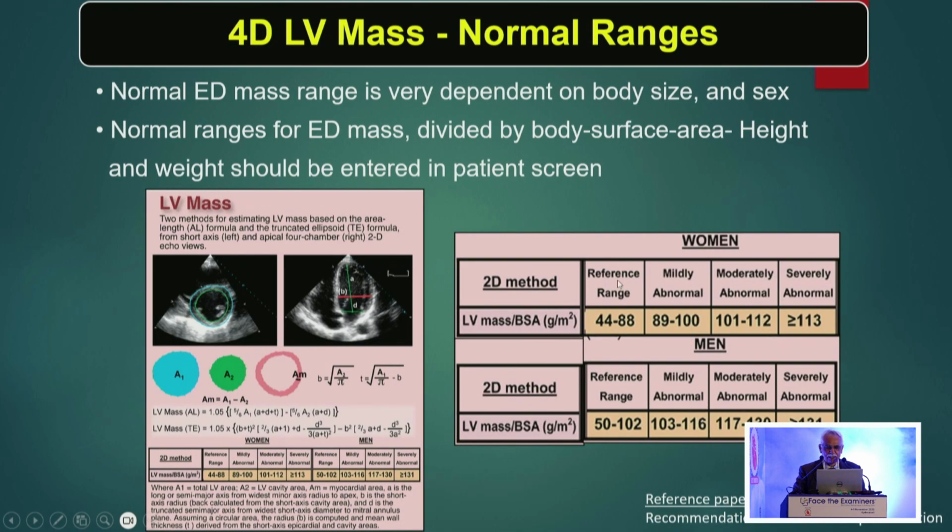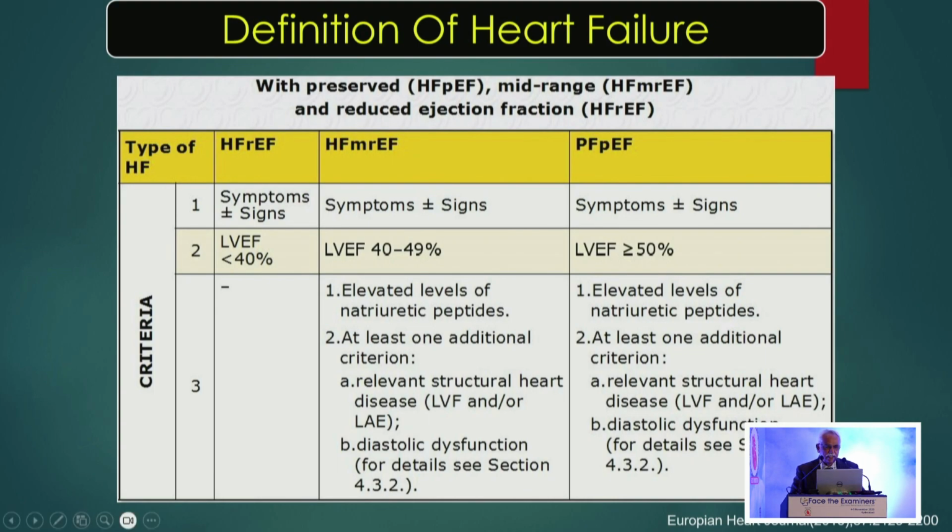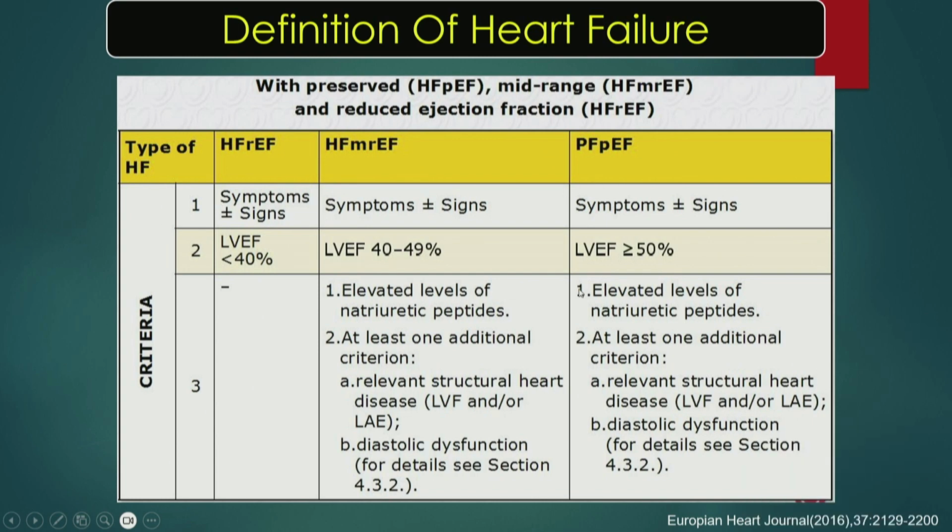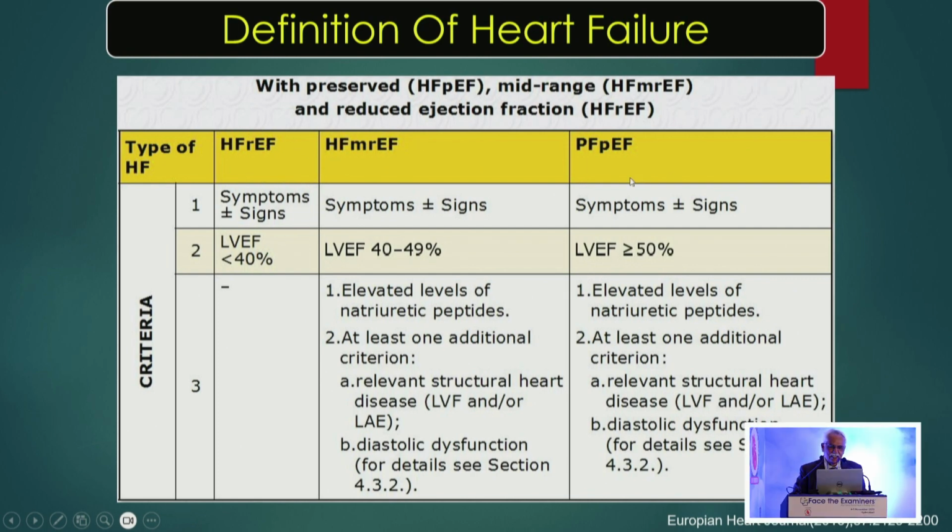This is the normal muscle mass data in women and men, above which we call it left ventricular hypertrophy. Depending upon these parameters and the ejection fraction, we decide whether the patient has heart failure with reduced ejection fraction, heart failure with preserved ejection fraction, or mid-range ejection fraction.